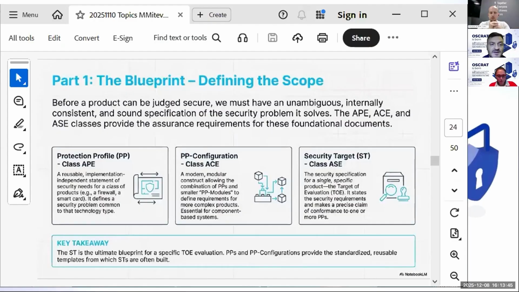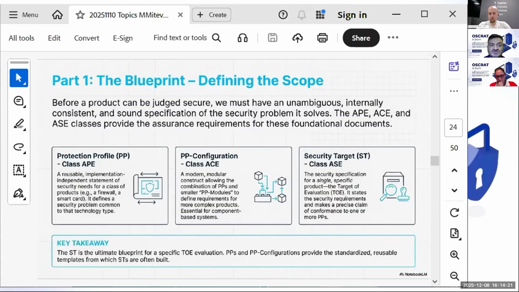So this slide explains the first major step, defining the scope of security. Protection profiles describe security needs for a type of product. PP configuration allows the combination of modules. The security target gives the exact requirements and claims for the specific product being evaluated.